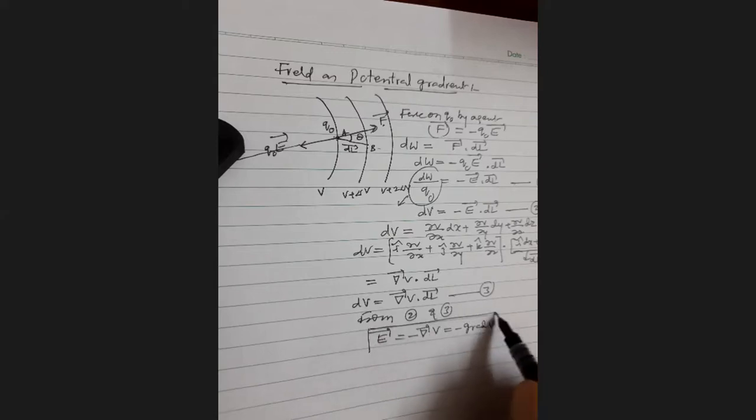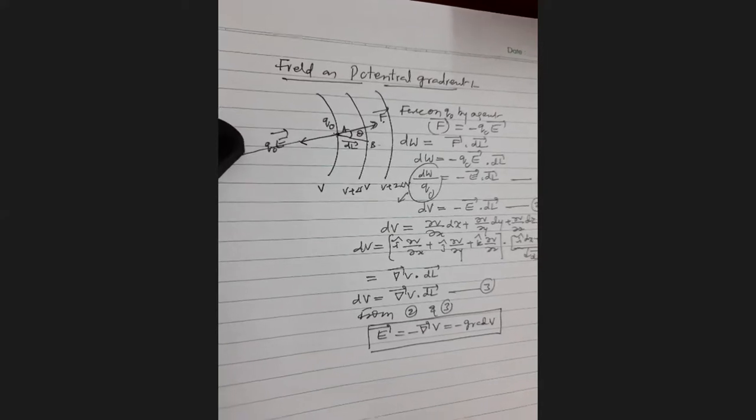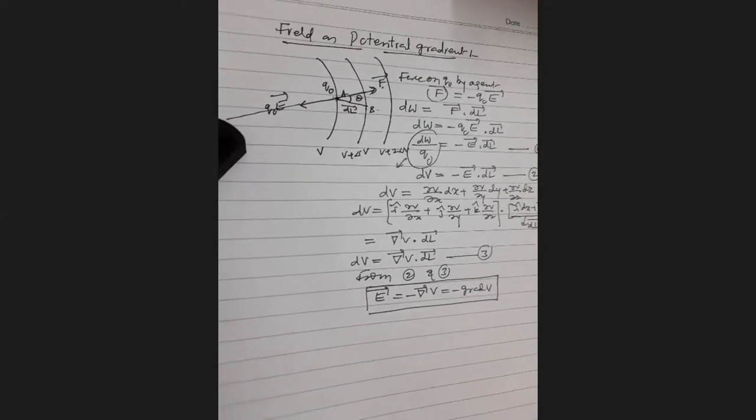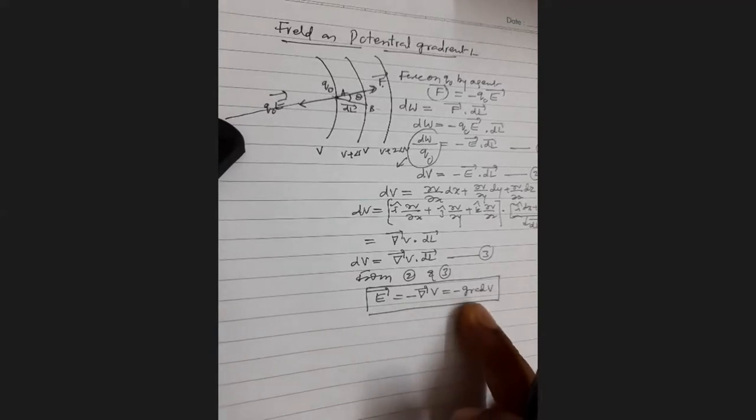This is the relation between field strength and electric potential. So what is the conclusion? Electric field strength is equal to the negative gradient of electric potential.